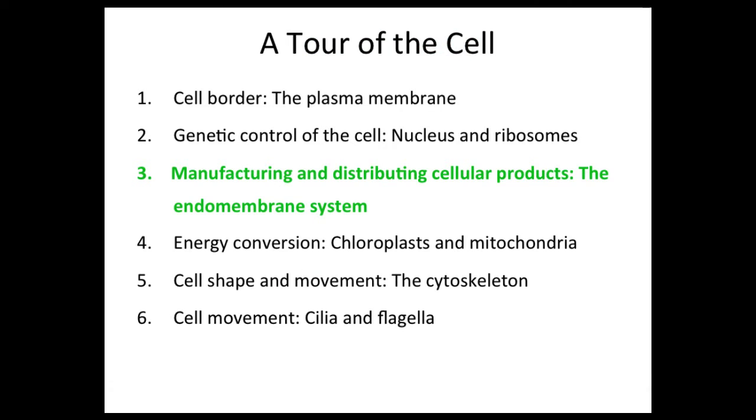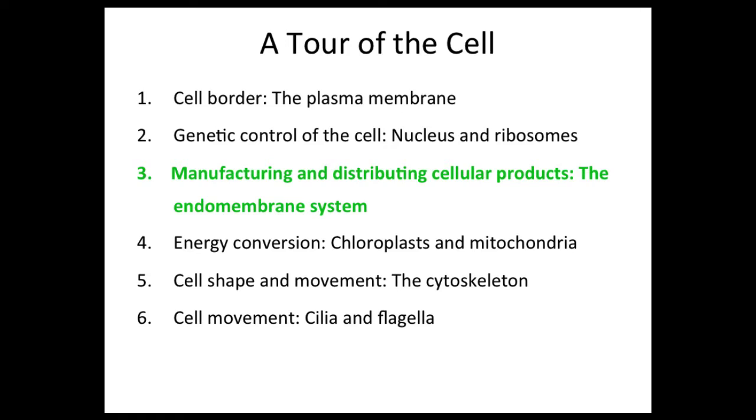Moving on in our tour of the cell, we can look at number 3, the manufacturing and distribution center, which is the endomembrane system. Now, we've already talked about the word membrane, right? The phospholipid bilayer is what makes up all membranes that we find in every single cell.